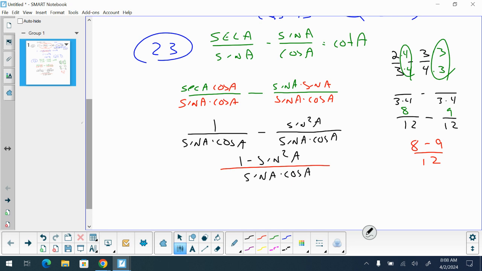So on top we have 1 minus sine squared of A, which now we're going to tap into what Gavin wanted to tap into. If I have 1 minus sine squared of A, that is equal to what? 1 minus sine squared equal to cosine squared.